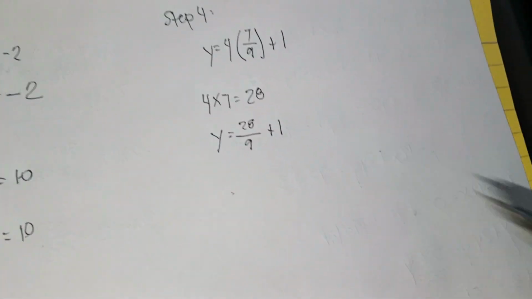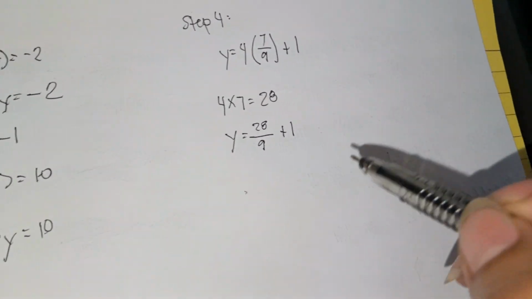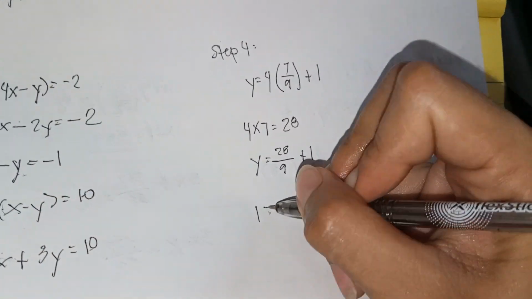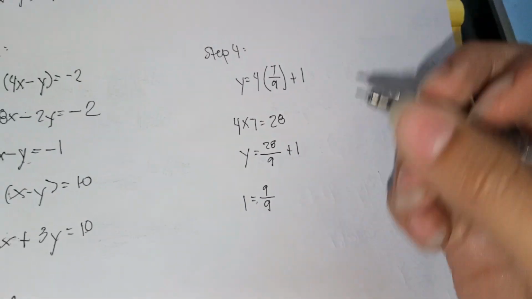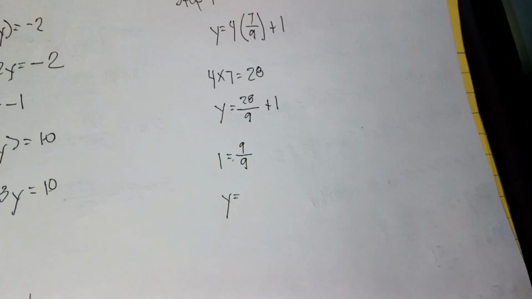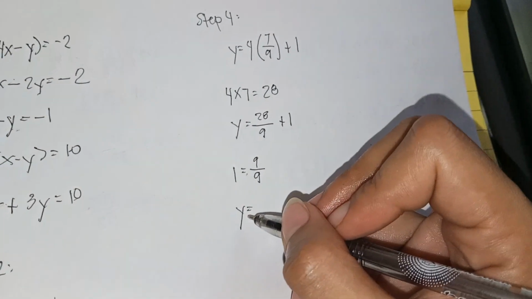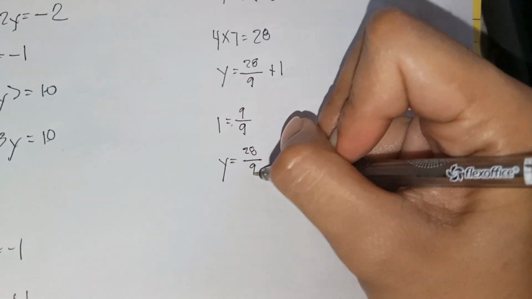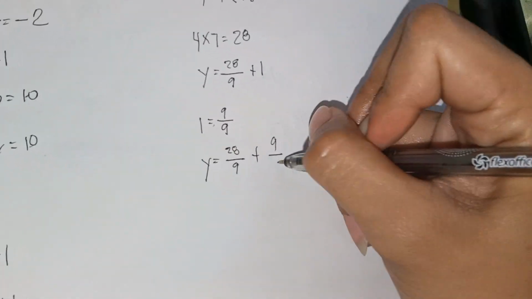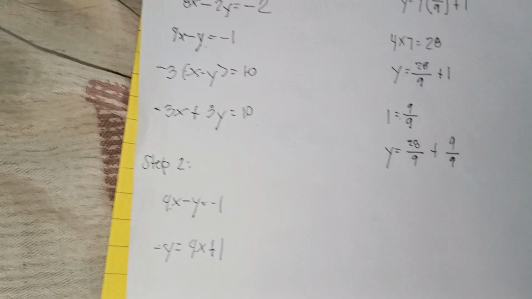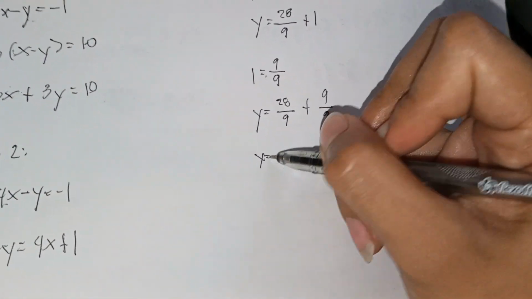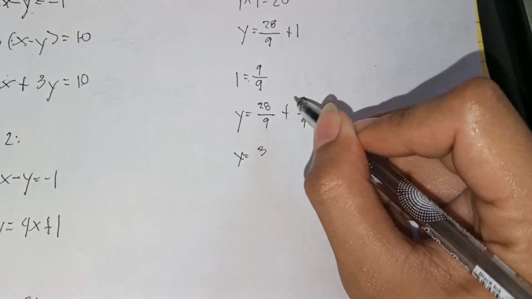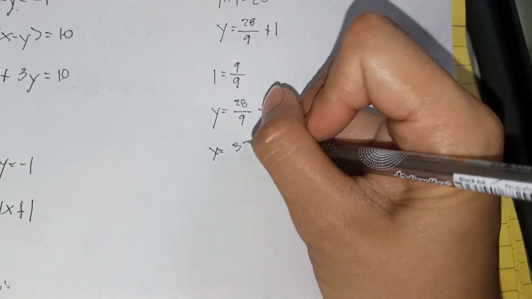Then we're going to convert 1 to a fraction with denominator 9. So 9 over 9. And our y equals 28 over 9 plus 9 over 9. So we're going to add numerators. 28 plus 9 is 37.